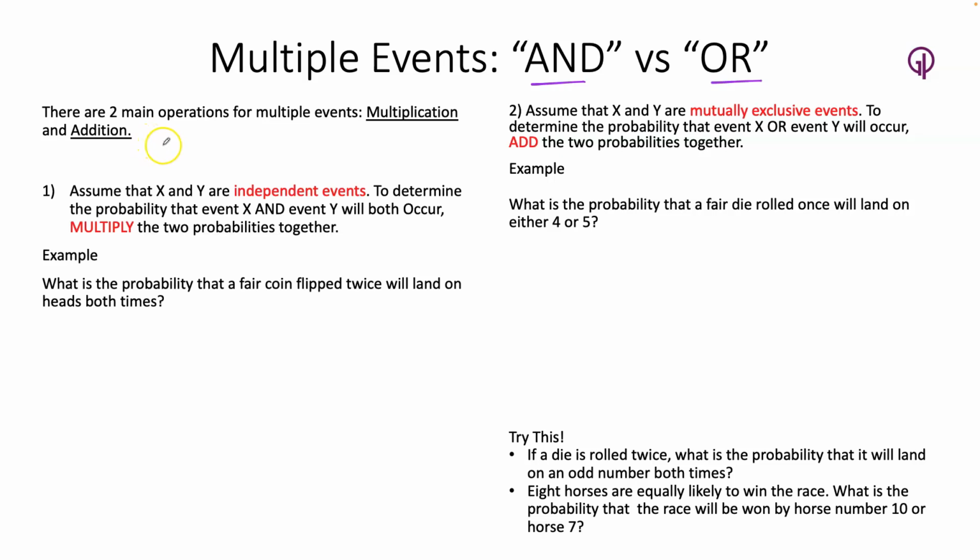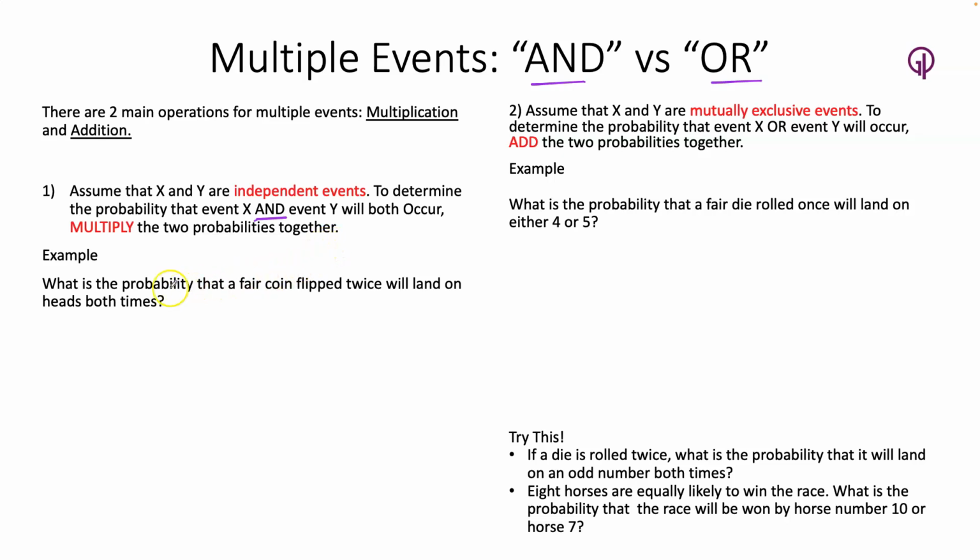The key to understanding probability is to understand when you must multiply and when you must add when dealing with multiple events. Now assume that X and Y are independent events. Now to determine the probability that event X and event Y will both occur, multiply the 2 probabilities together.